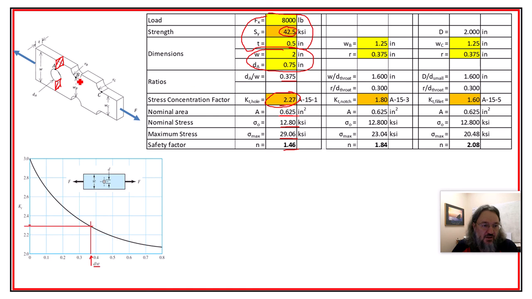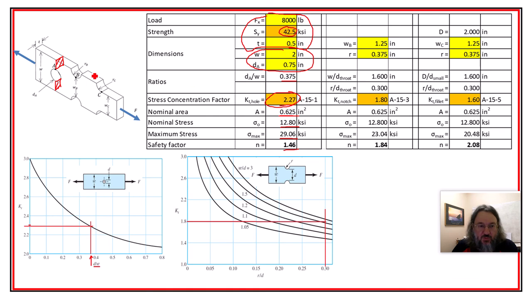We do the same thing for part B, right here, this part, for the notch. And if we compare, here we're using W over D. So the throat area was 1.25, right? We were given that. And then we get this ratio of W to D of 1.6.